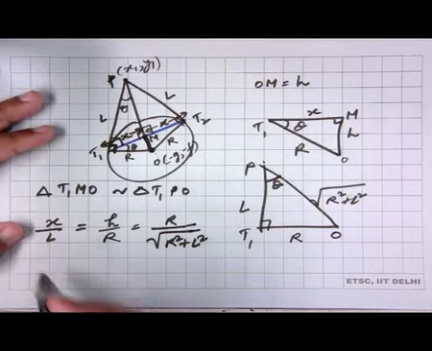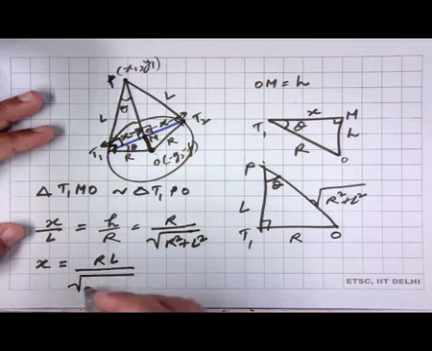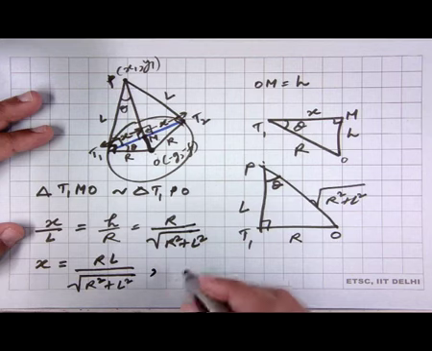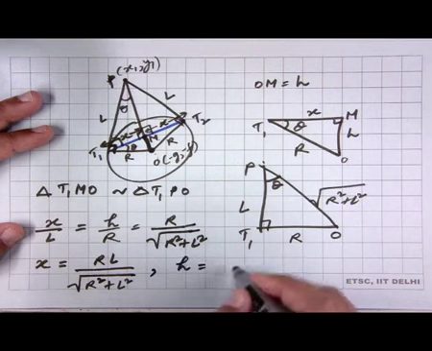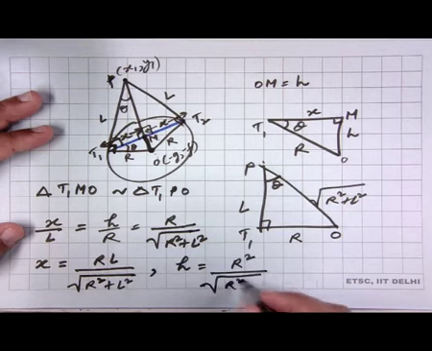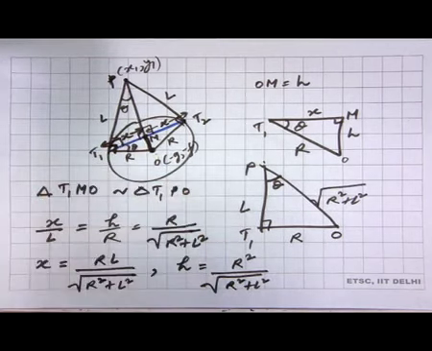And from here we get x equal to R L divided by square root of r square plus L square, and h equal to r square by square root of r square plus L square.